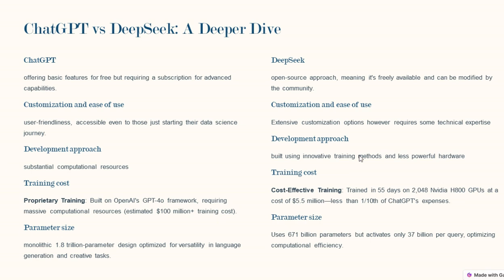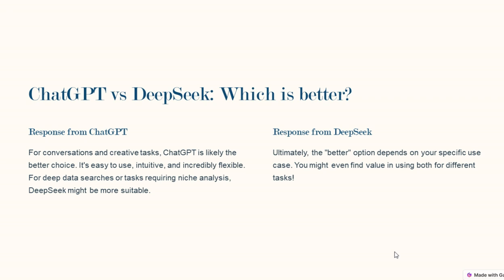Whereas DeepSeek was trained in 55 days on 2048 NVIDIA H800 GPUs at a cost of just $5.5 million, which is less than 1/10 of ChatGPT's expenses. And coming to parameter size, ChatGPT is a monolithic architecture with 1.8 trillion parameters, whereas DeepSeek uses 671 billion parameters, out of which only 37 billion are activated, and therefore it is computationally very efficient.